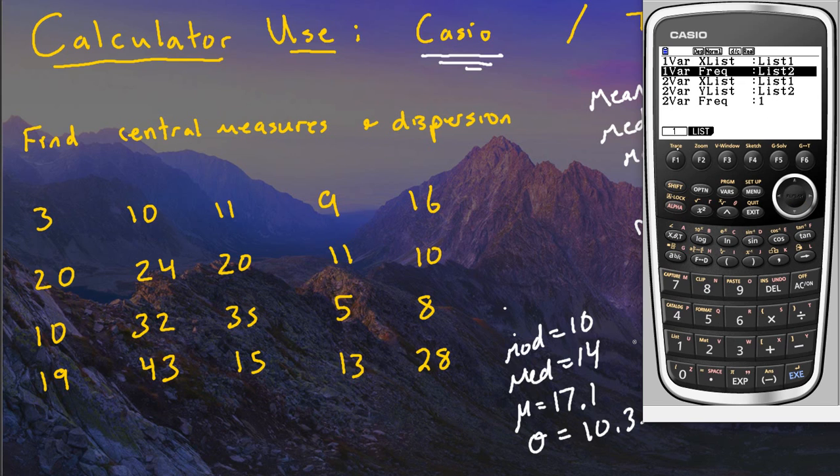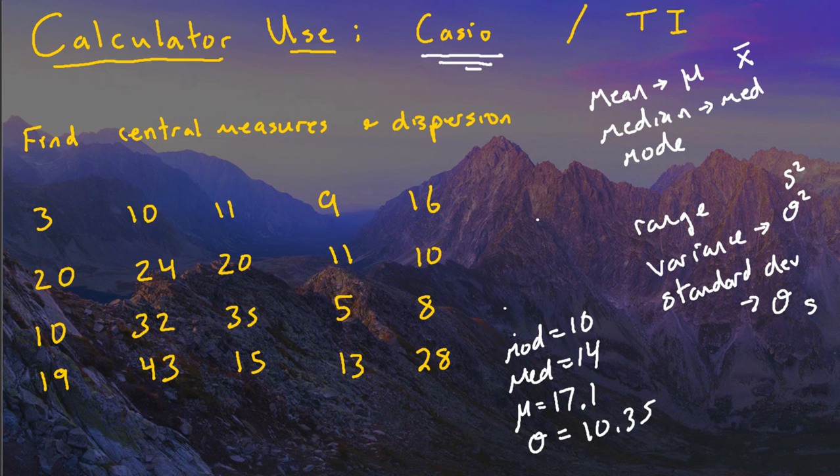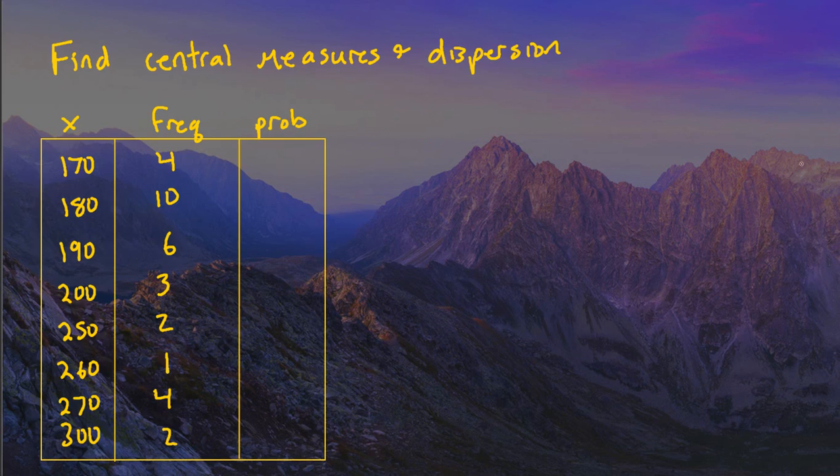If I highlight this, I could tell it to use a 1. That means that each of these data happens one time. Well, I listed 10 three times. I listed 11 twice. So I'm going to put a 1 right there. All right, now I do my 1-var stats, and I get the same answer. Nothing has changed.